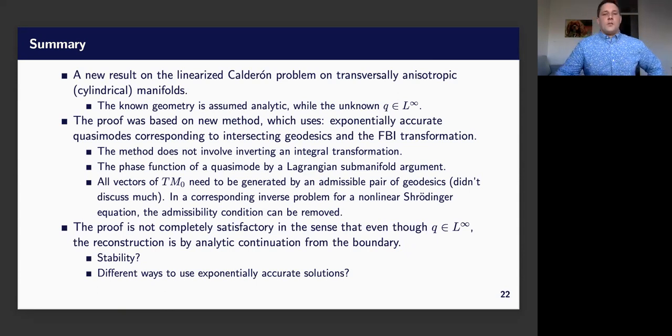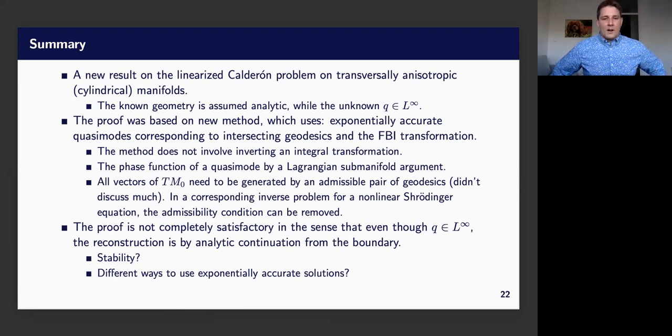The proof was based on a new method which used two things. First, we constructed exponentially accurate quasimodes, which corresponded to intersecting geodesics. And in the recovery of the unknown, we used the FBI transformation. This method does not involve inverting any integral transformation, so I guess that's in a sense good.